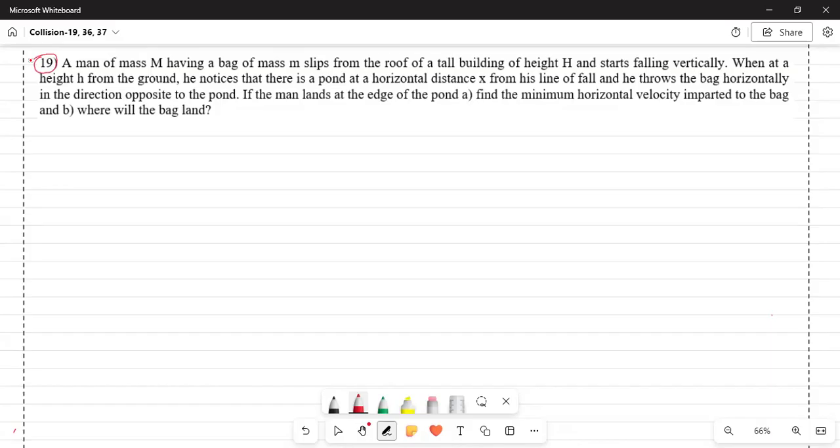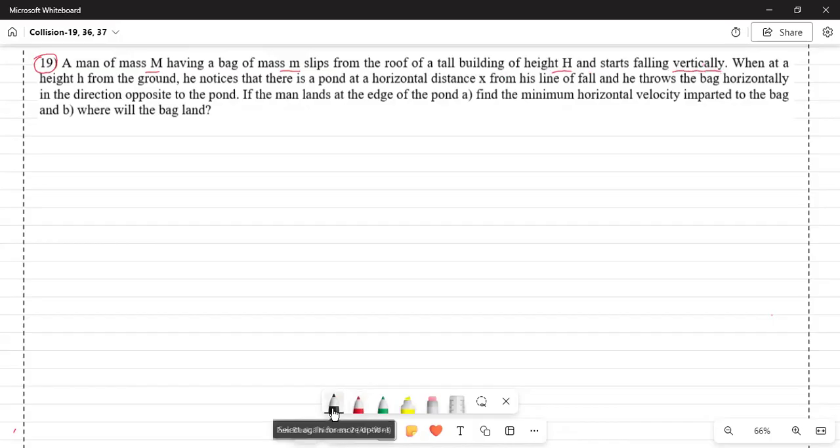What this problem 19 says: a man of mass M having a bag of mass small m slips from the roof of a tall building of height h and starts falling vertically.